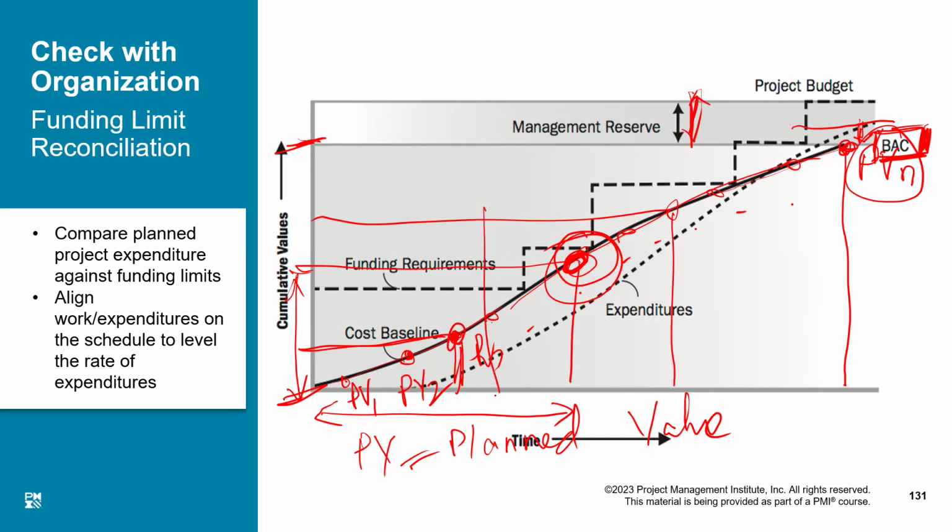That means the portion from here to here is where a lot of activities are getting started. This area from here to here is where initiation and planning is happening, where money is being spent slowly. And this is where the execution is being done.